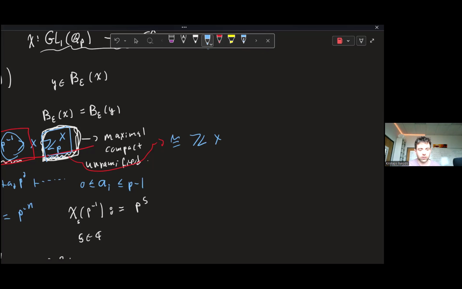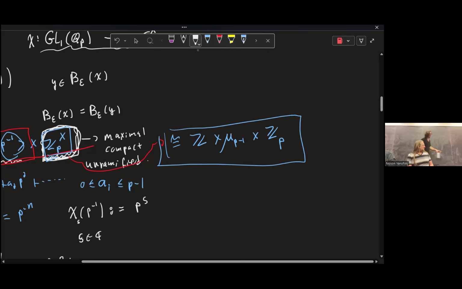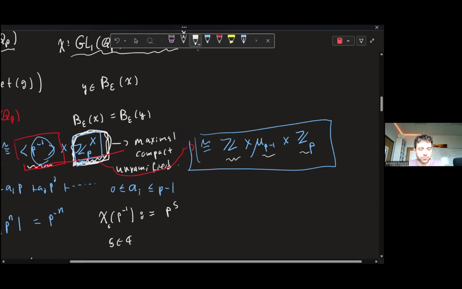Zp cross, however, is isomorphic to the p minus 1th roots of unity times the additive group of the p-adic integers. And so understanding characters there is a result of understanding characters on each of these components. So I just wanted to correct that typo.